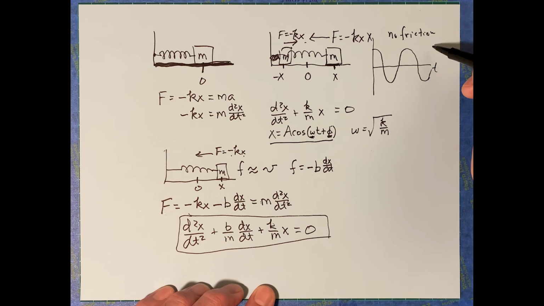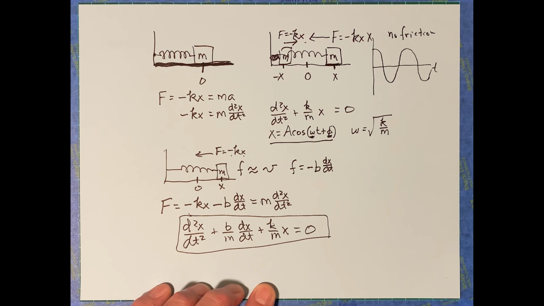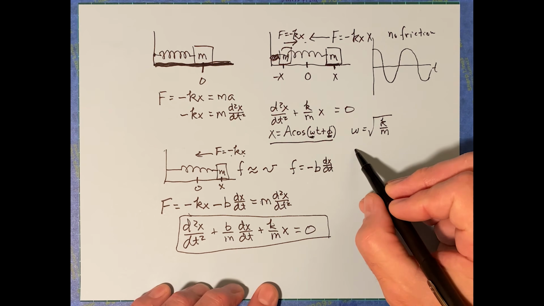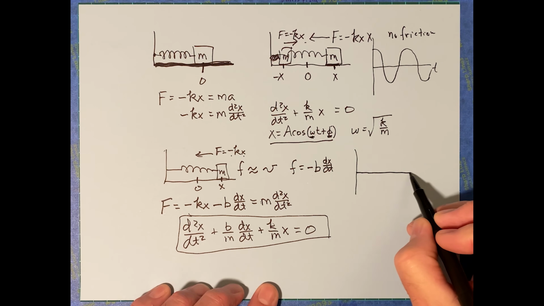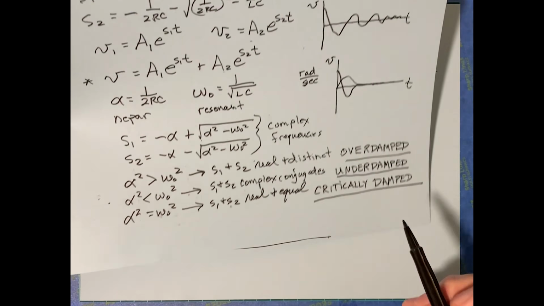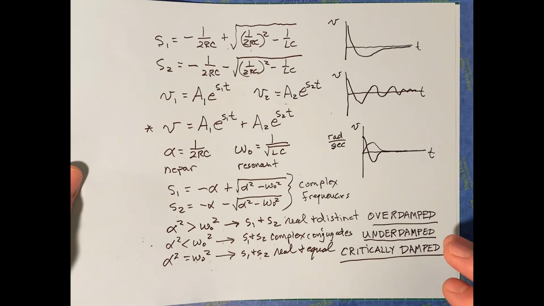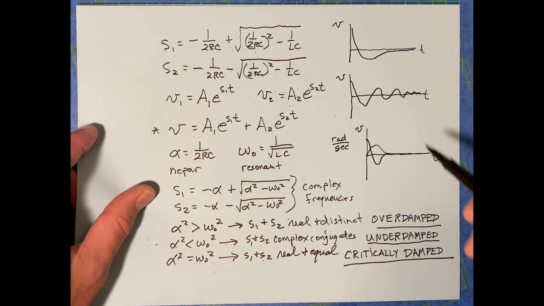It's never going to die down because there's no friction there. But if we add friction, there's really sort of three possibilities here. The first possibility may be the overdamped solution. In fact, why don't I just use this right here instead of redrawing graphs?